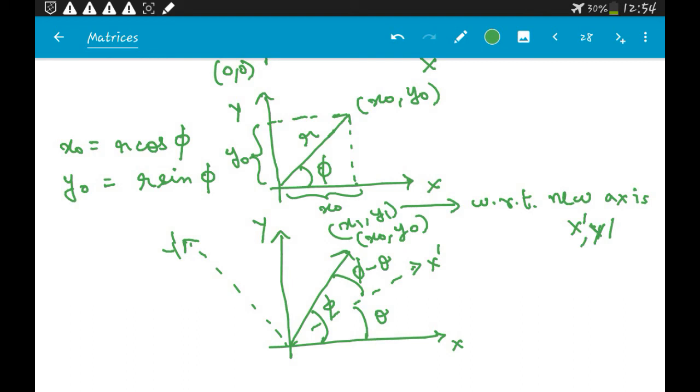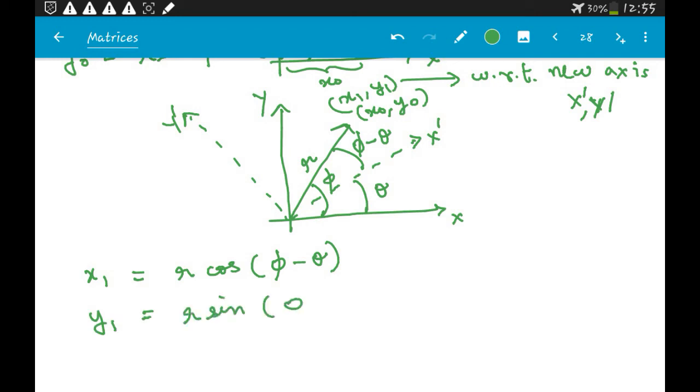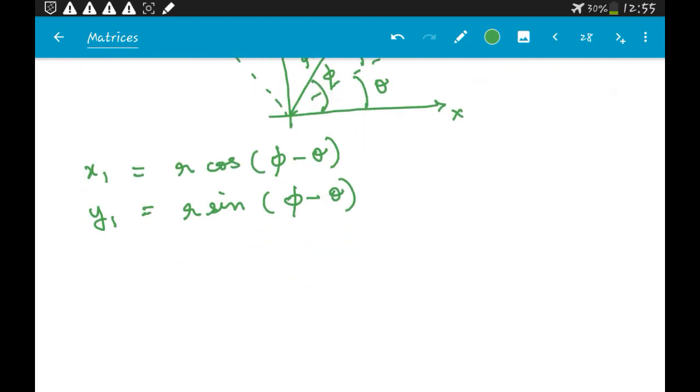So the new vector can be defined as x1 is, this is still r, so r cos(phi minus theta), and y1 is r sin(phi minus theta). Now we have to use the formulas for cos of phi minus theta and sine of phi minus theta.